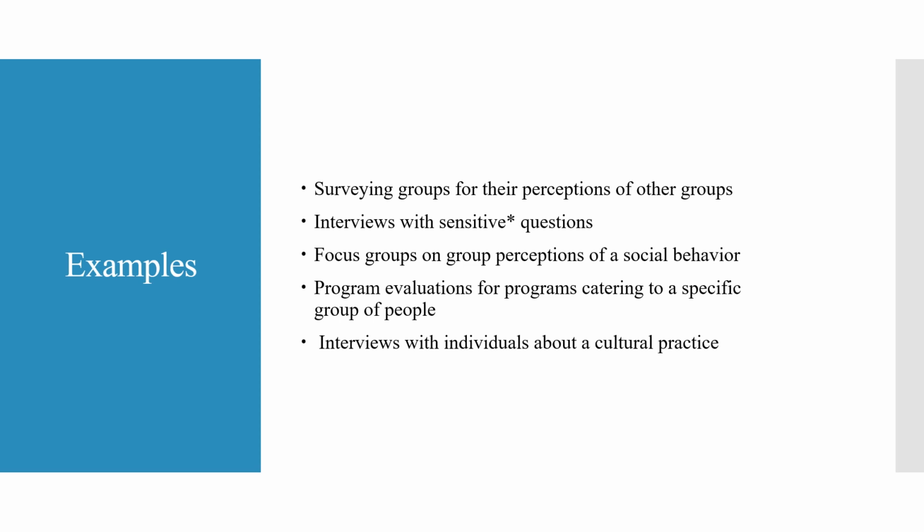Now remember, they can't be too sensitive because in the definition of expedited, it can be no greater than minimal risk to your participants, but a little bit of sensitivity in the questions might fit in this category as well. Focus groups on group perceptions of a social behavior would fit. Program evaluations for programs catering to a specific group of people, or interviews with individuals about a cultural practice. They would all fit under this category.